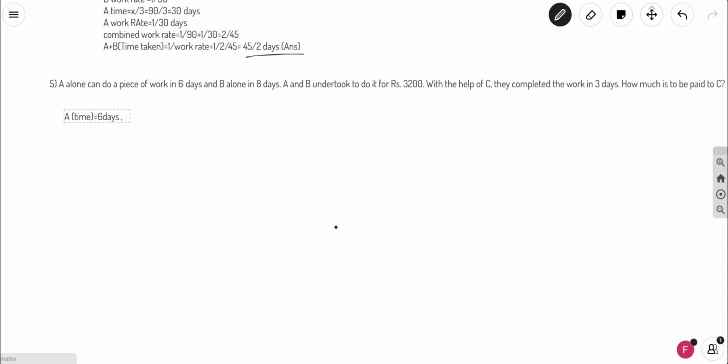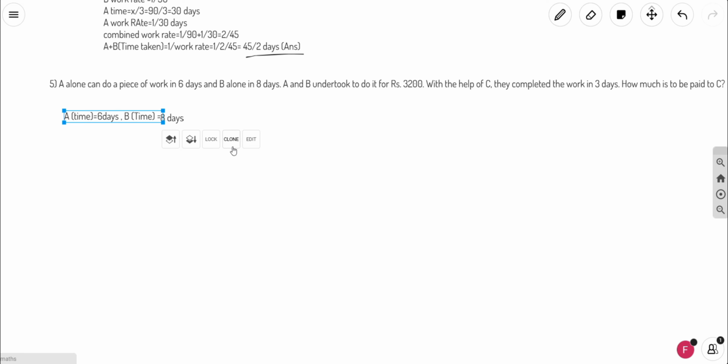The fifth question says A alone can do a piece of work in 6 days and B alone in 8 days. A and B undertook to do it for rupees 3,200. With the help of C, they completed the work in 3 days. How much is to be paid to C? A's time is 6 days and B's time is 8 days.